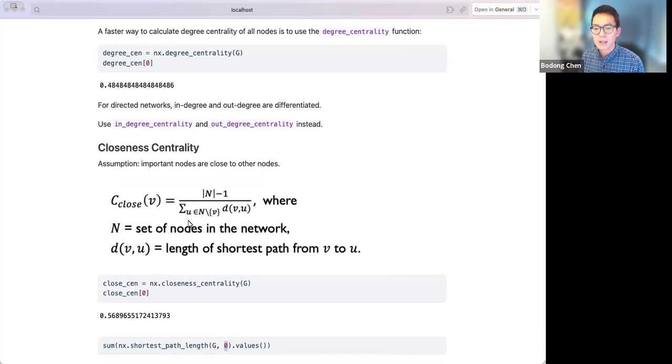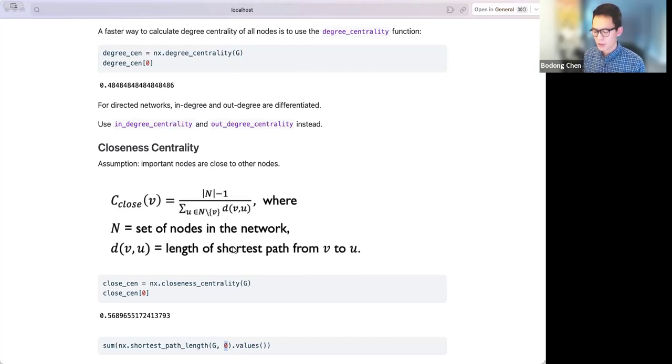And mathematically, it's defined by using the size of the network minus 1 and dividing that by the total of the length of the shortest paths from this node we are interested in to other nodes in the network. The number we get basically describes, given the size of the network, how far away in total this node is from other nodes.